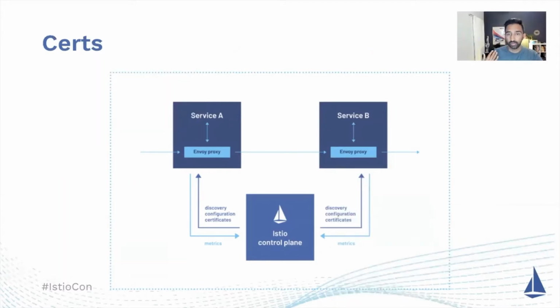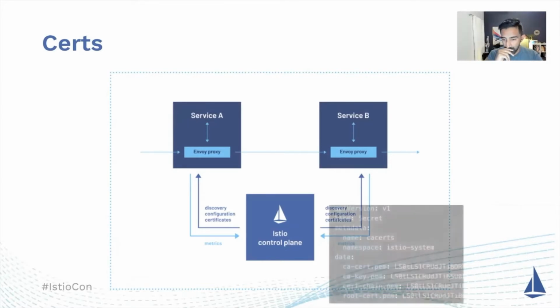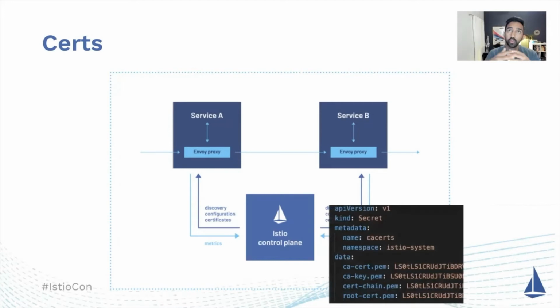Next, let's talk about security. We've covered the components, we've covered how they know about each other. Next would be certificates so that they can talk to each other securely. By default, when you install Istio, it generates self-signed root certificates, and that's what gets used to sign its workload certs.